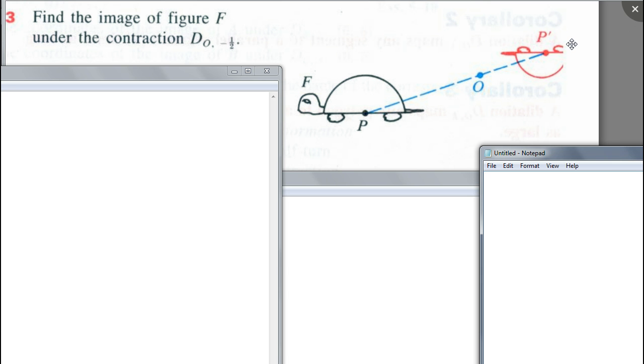Because we're not doing a reflection, are we? We are dilating. So look, if there was a point on top of the shell, let's say we put a point Q there, draw a ray OQ. Q prime will be on the opposite ray of OQ. It's not going to be on top this way, would it?